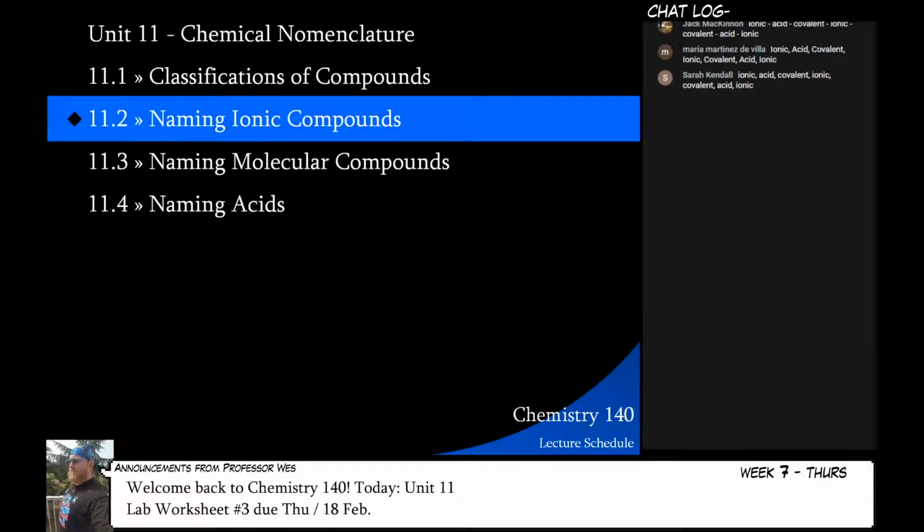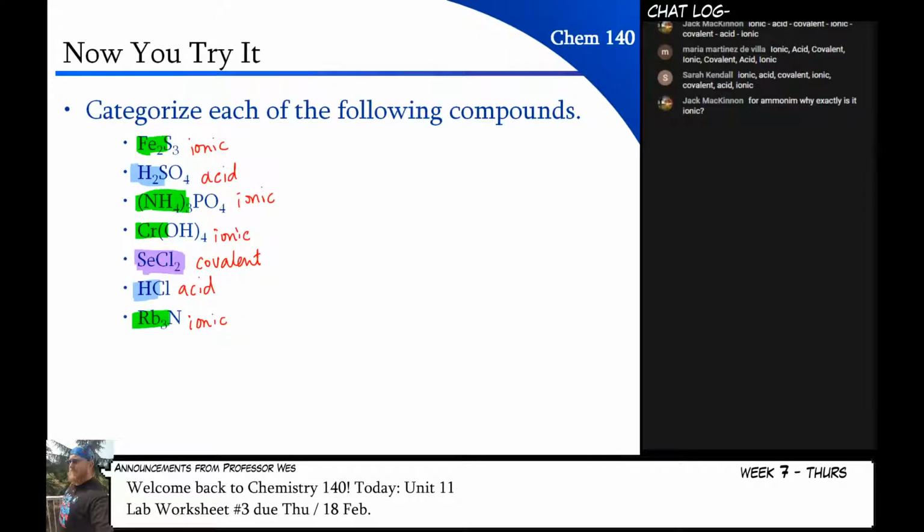All right, so now that we can identify which compounds are which, we're going to learn a systematic set of rules for each category. We're going to start with ionic. For ammonium, why exactly is it ionic? Because it contains the ammonium ion. Remember that this ion is on your list of polyatomic ions.